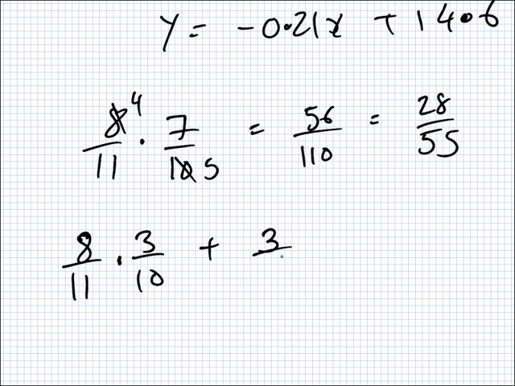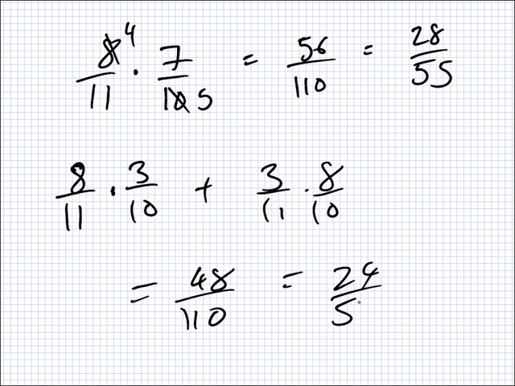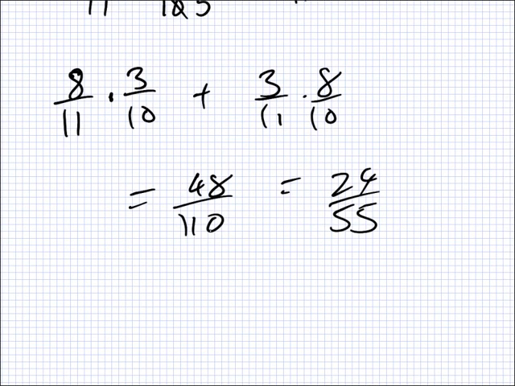It's the same thing. 3 over 11 times 8 over 10, so 48 over 110, which is 24 over 55. Okay, that's that one done.